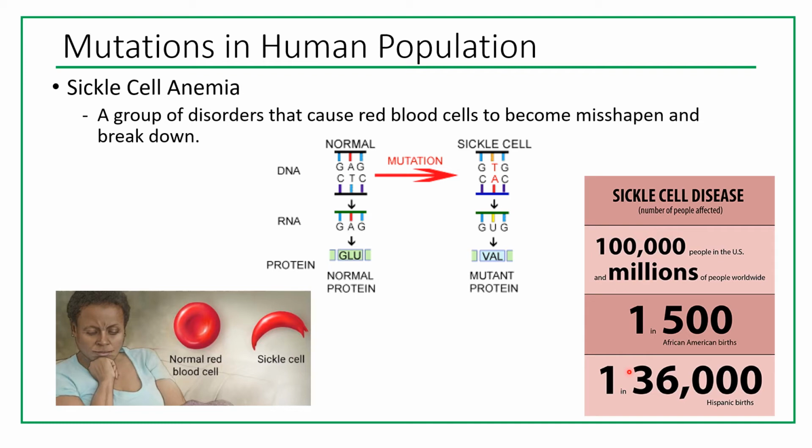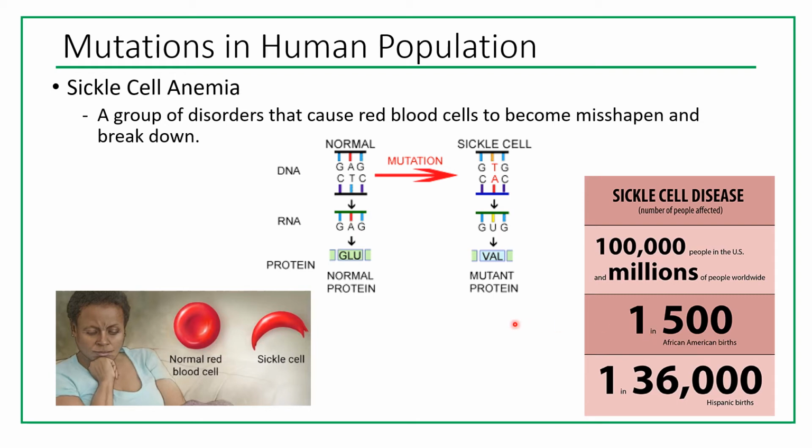So here are the cases. And what is interesting about these numbers is that sickle cell disease is found in 1 in 500 African American births and 1 in 36,000 Hispanic births, for example. So how can we explain this difference?